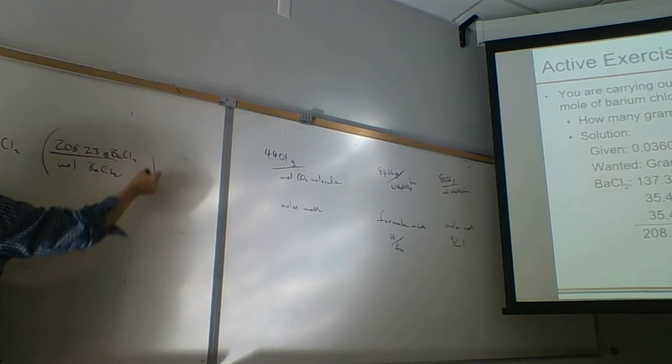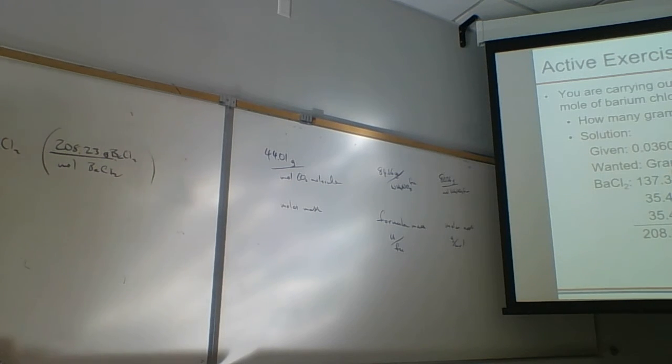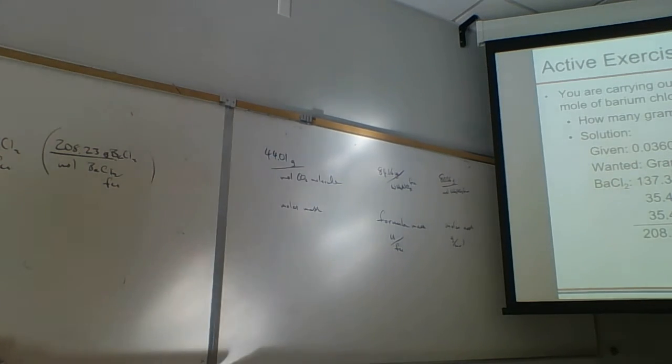Now this is something that often happens. It gets tiring writing this. This is actually moles of barium chloride molecules or moles of barium chloride formula units. And so it gets tiring writing formula units like this, right? And so a lot of times people leave that off and just call them moles of barium chloride, but really what they're talking about is moles of barium chloride formula units.